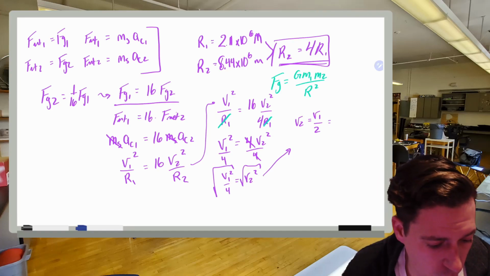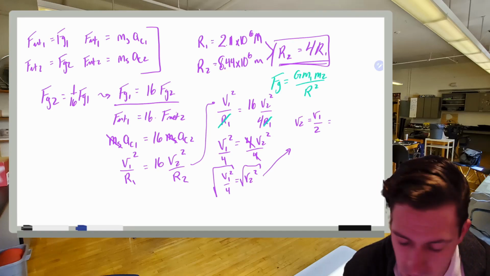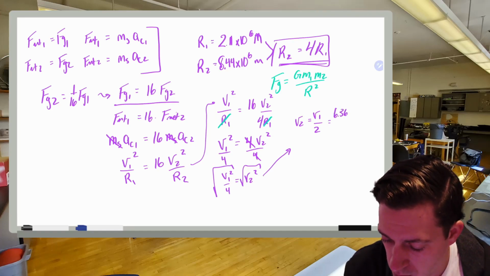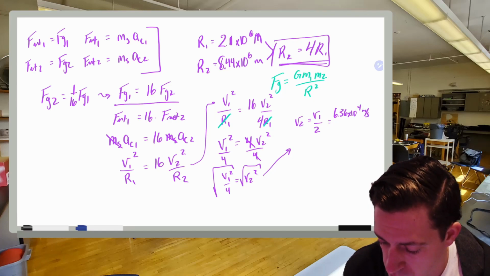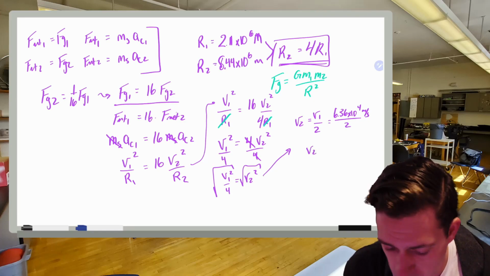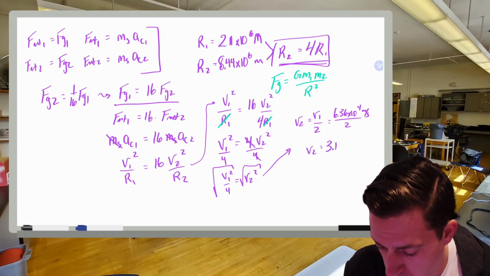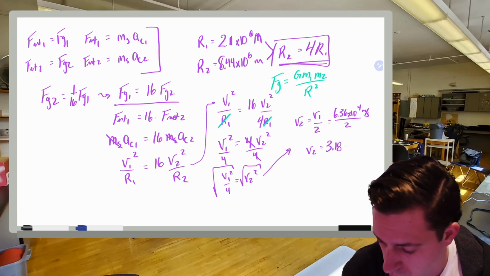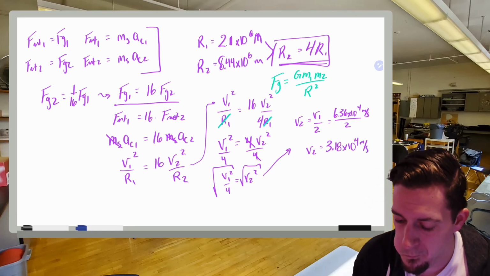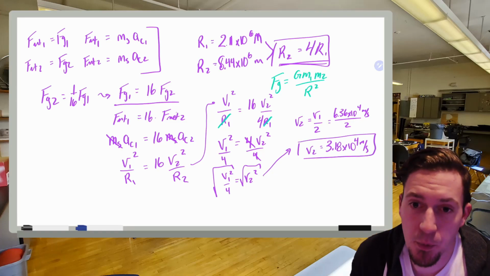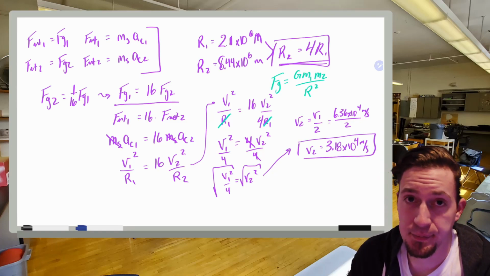I knew earlier that V1 was 6.36 times 10 to the 4 meters per second, divided by 2. So V2 is 3.18 times 10 to the 4 meters per second. Bing, bam, boom. Yikes. It's one heck of a problem.